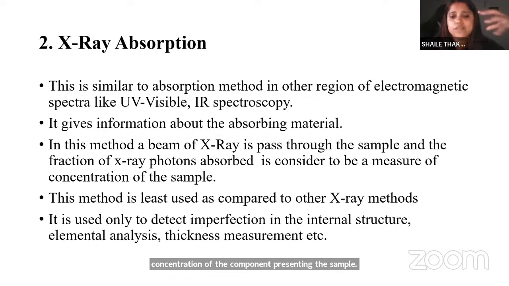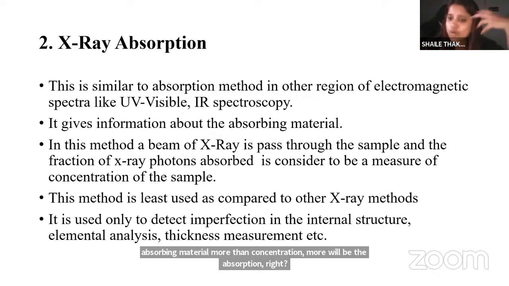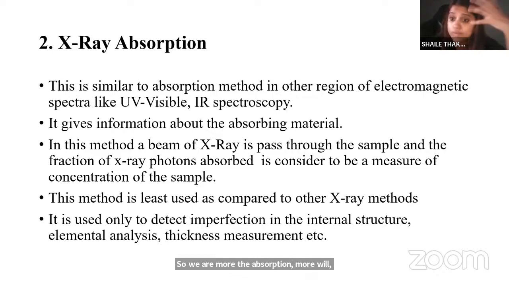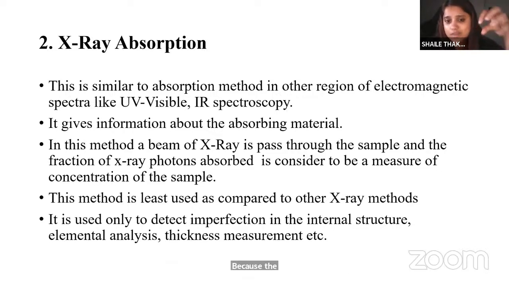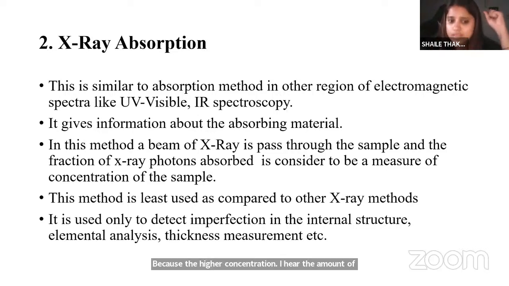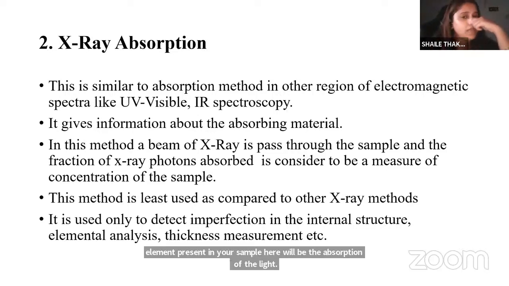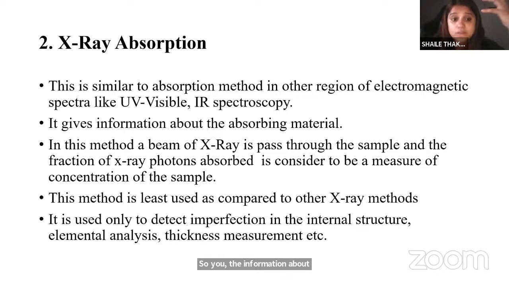It gives information about the absorbing material. The more the concentration, the more the absorption, right? That is Beer's law. Because the higher the concentration, the higher the amount of element present in your sample, the higher will be the absorption of the light. So it gives you information about the absorption of the material.